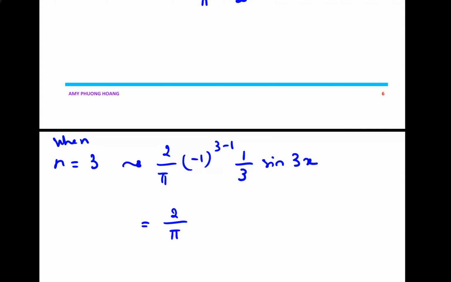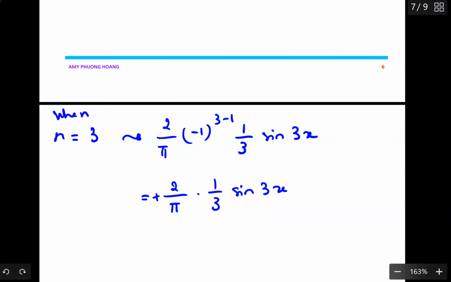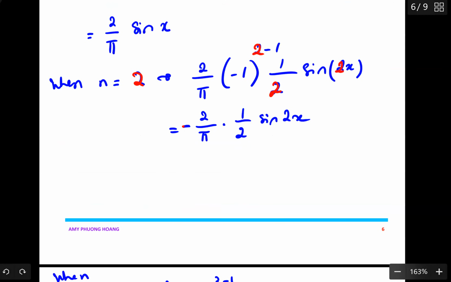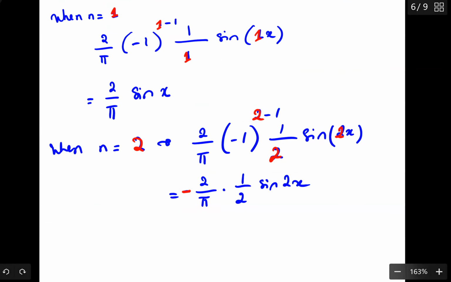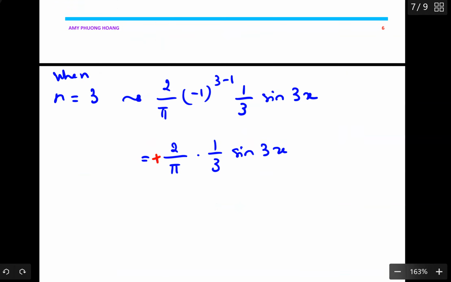So I will just have times 1/3 of sine 3x. In this case, I should have a positive. I write positive here because I want to emphasize to everyone later on what minus 1 to a certain exponent means. So right here I should write negative, and here I will say positive. Okay, so now n equal to 4.